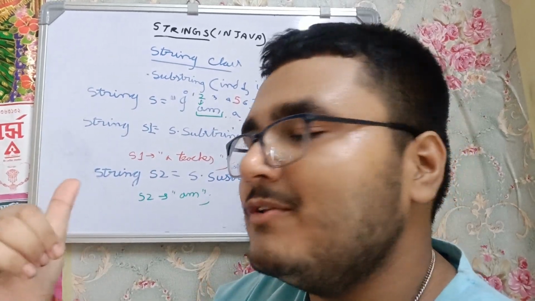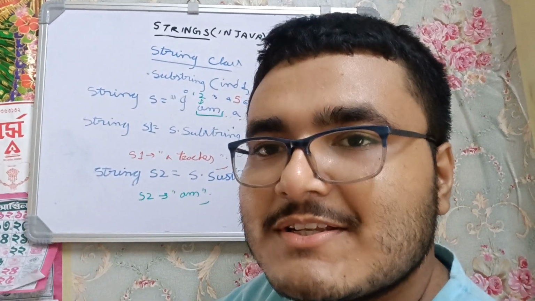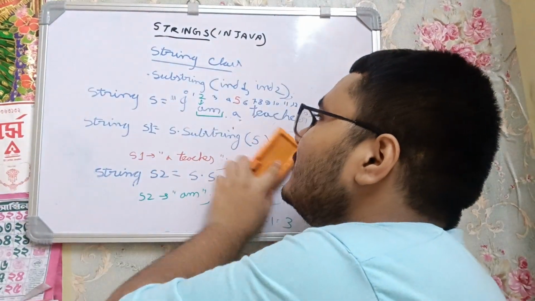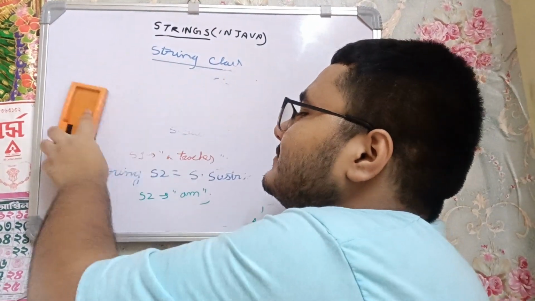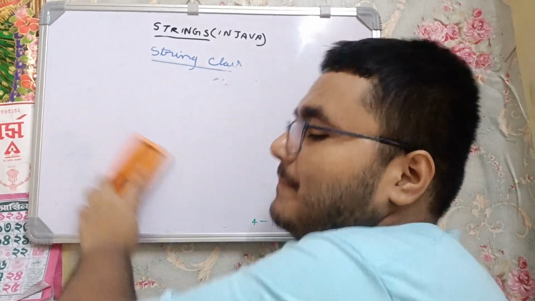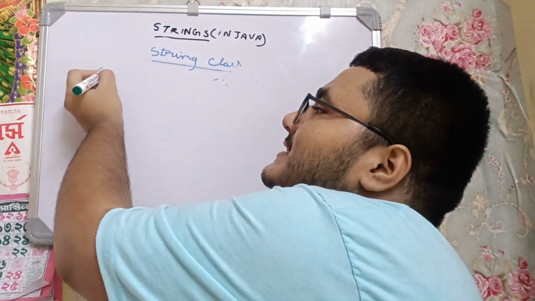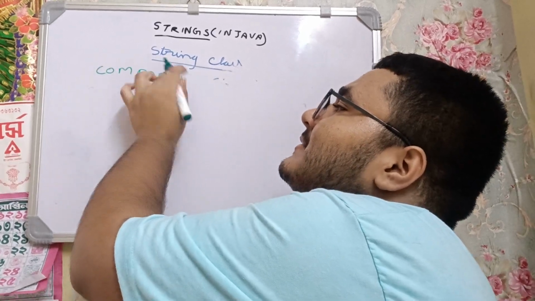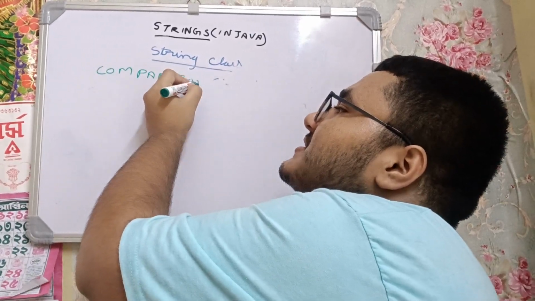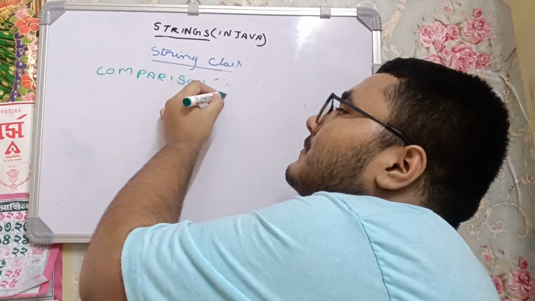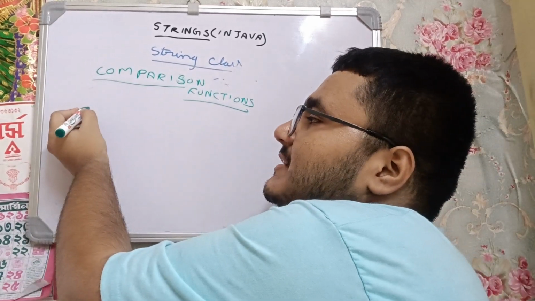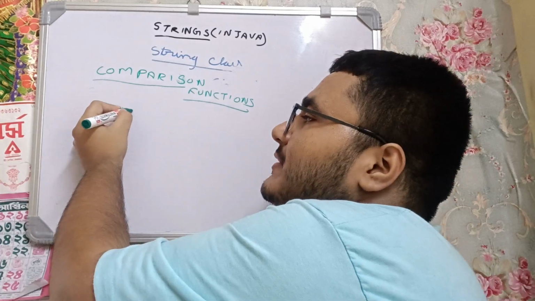Also, we will be doing some comparison functions related to string. So just note it down before ending today's video. I am just mentioning the comparison functions of string, which I will be discussing in the next videos. These are basically like relational operators.